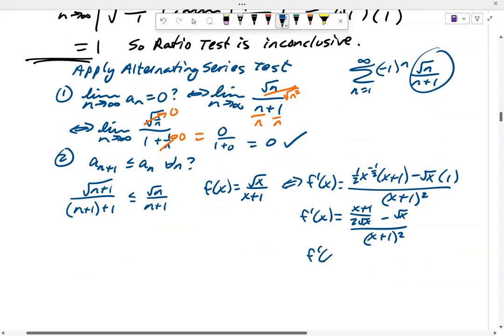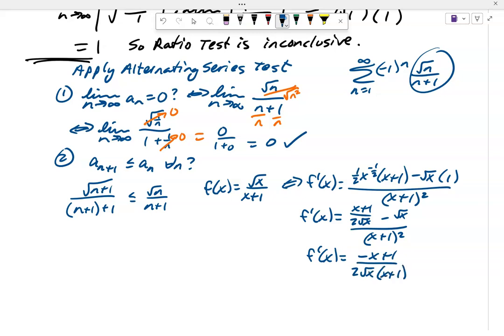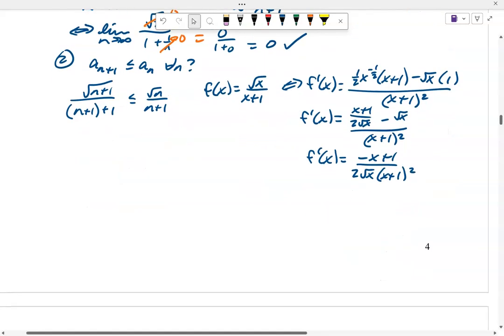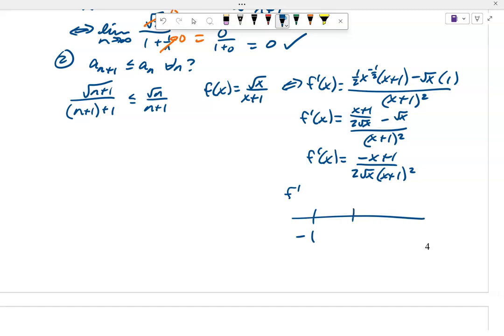And so your f prime of x will be negative (x minus 1) over 2 root x times (x plus 1) squared. So your critical numbers for your first derivative test will be -1, 0, and 1. Now we don't care about down here because we're just looking from 1 on. So I'm just going to test x being 2. I throw that into my first derivative, so -2 plus 1, I get a negative on the top.